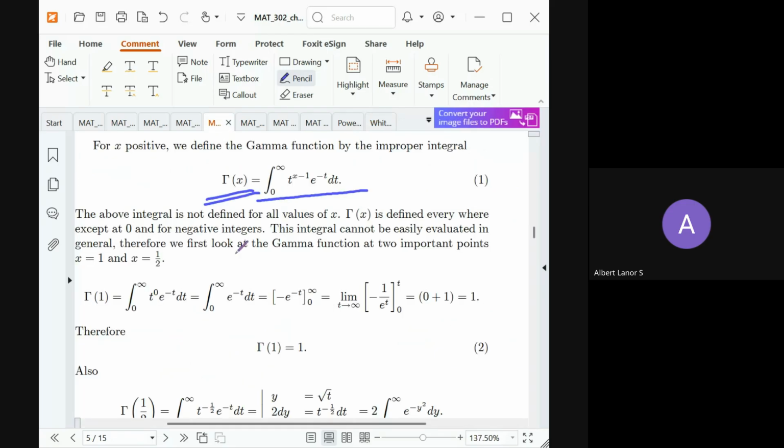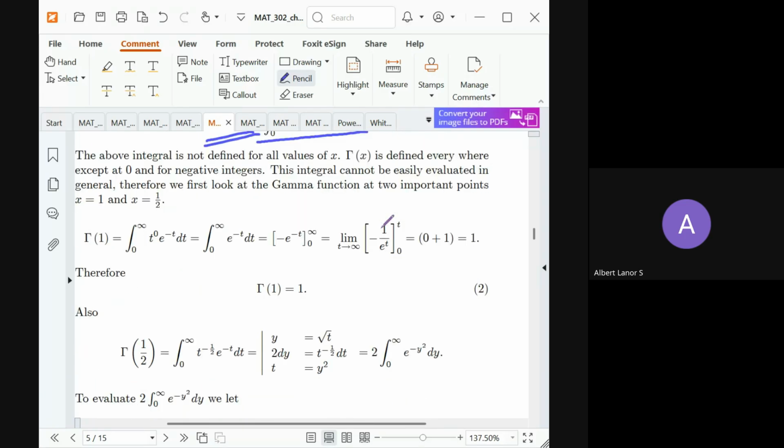Now, when you use integration by parts, you set y to be equal to root t, and you differentiate it.